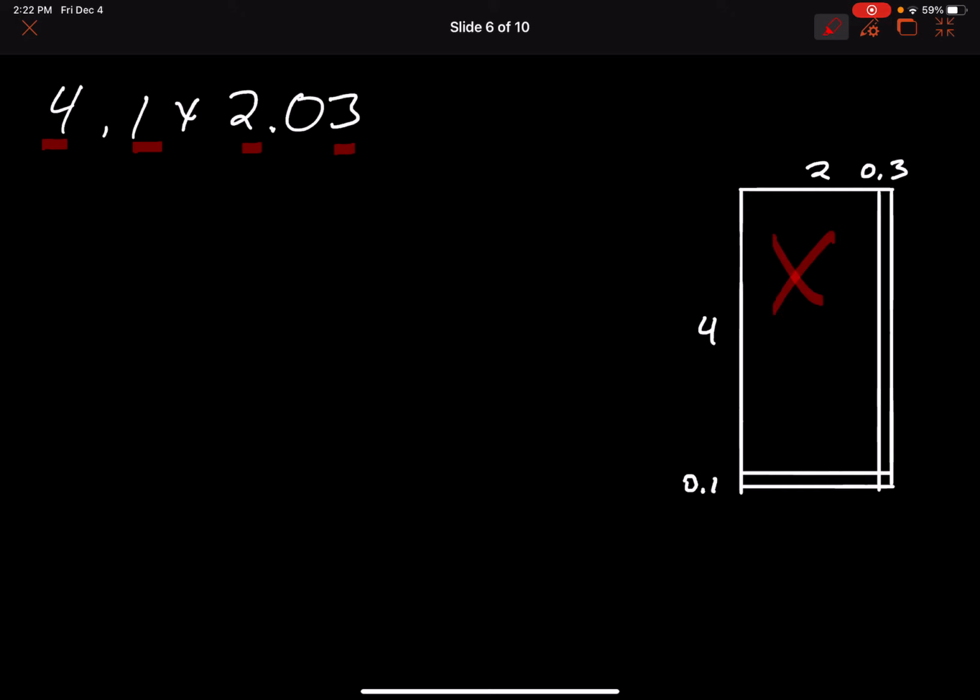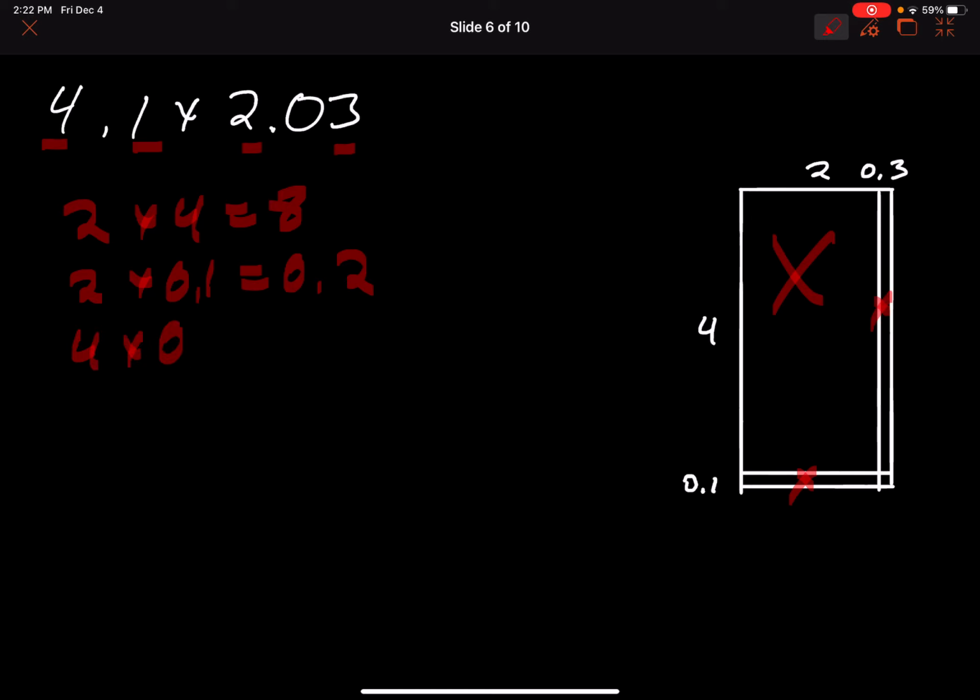So I'm going to do this box here first. So that's 2 times 4 equals 8. Now I'm going to do this box here, which is 2 times 1/10, which is 2/10. And now I'm going to do this box here, which is 4 times 3/10.